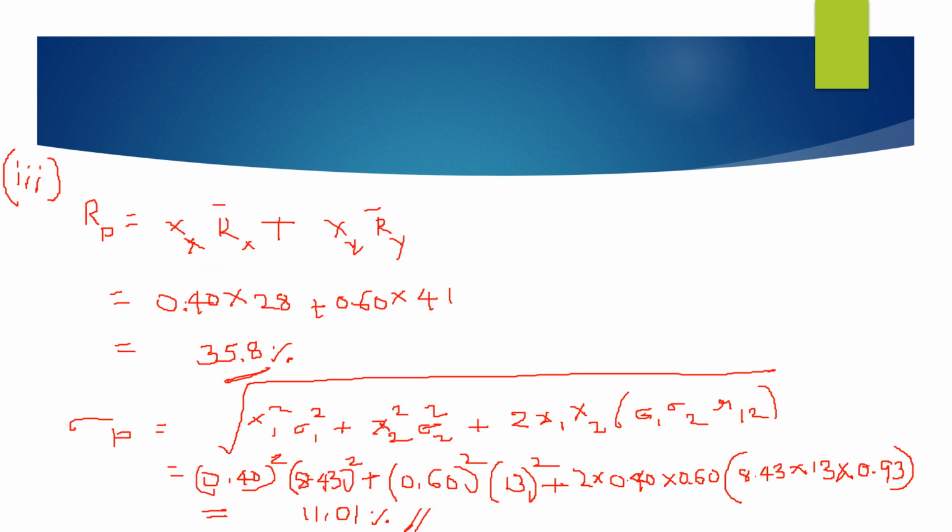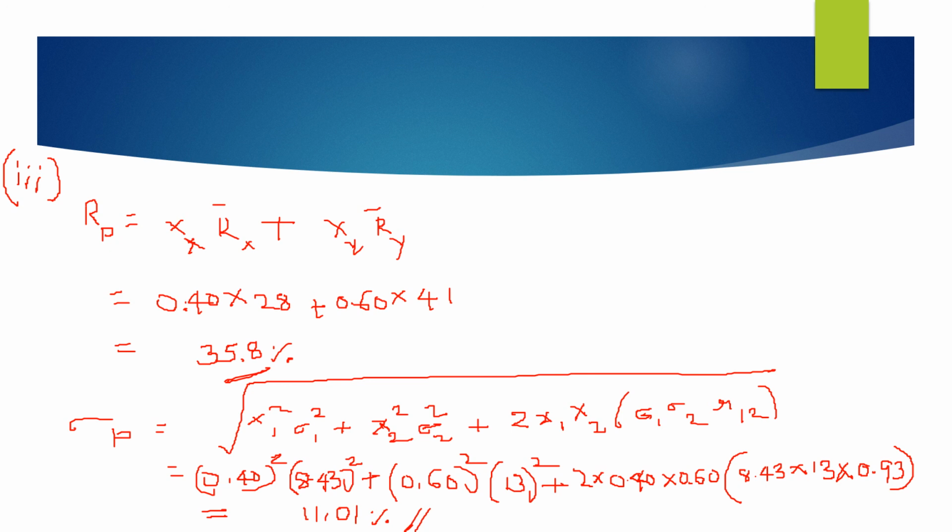Next, coming to the third part of the same problem, you have to find the expected return and risk when the funds invested are 40% in P stock and 60% in Q stock. The formula is the same: Rp equals x bar x into R bar x plus x bar y into R bar y.